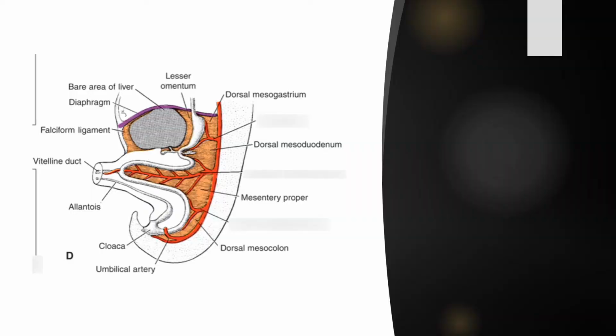One more thing we should know. By seeing the nature of the blood supply of the duodenum, it is supplied by the superior pancreaticoduodenal artery and the inferior pancreaticoduodenal artery.